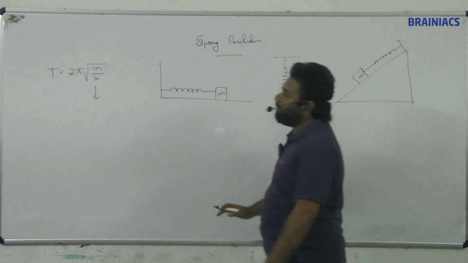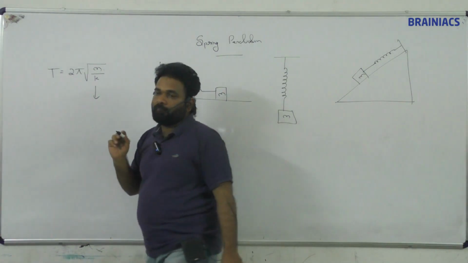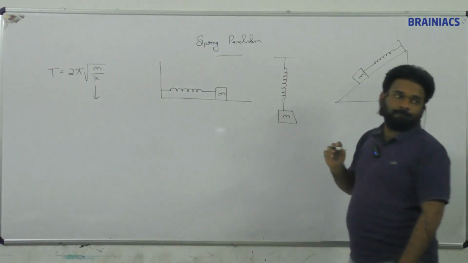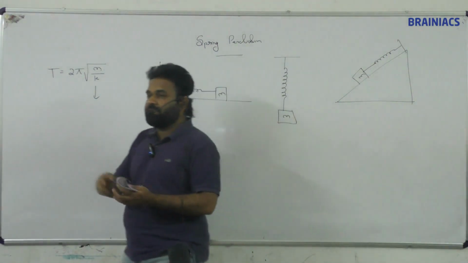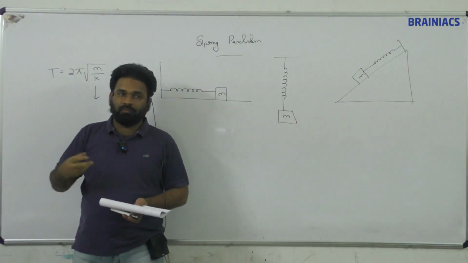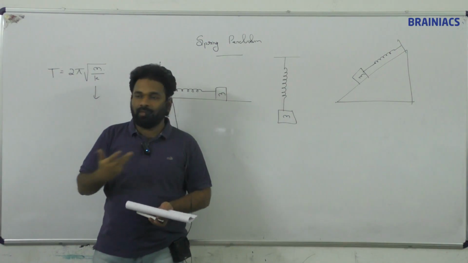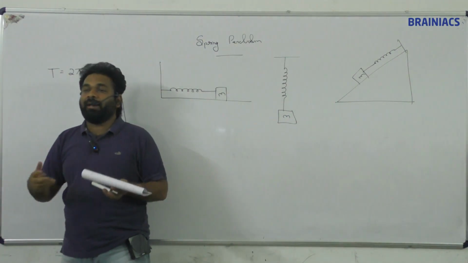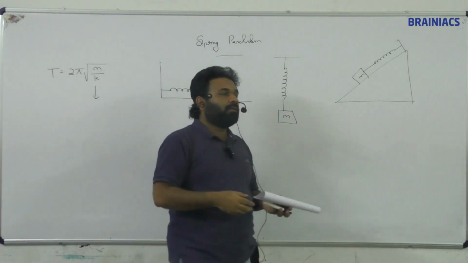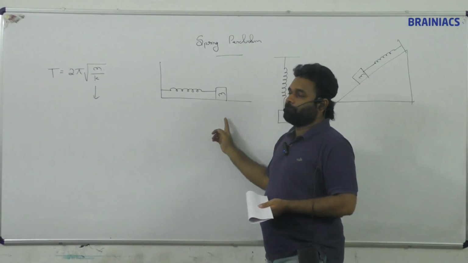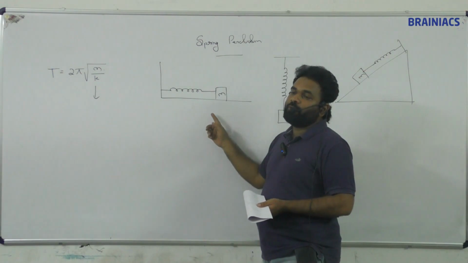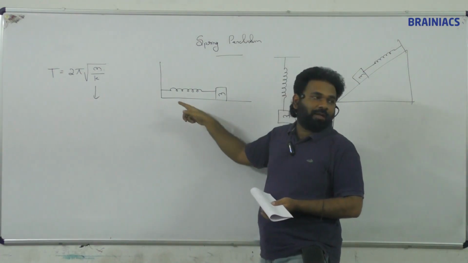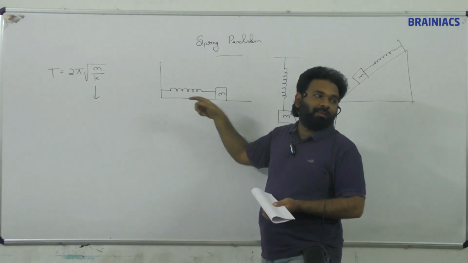No. Will there be any change in K? K is the spring constant. If the spring is very rigid and strong, K will be more. If the spring is very soft, K will be less. That is the idea and plan of the manufacturer of the spring.